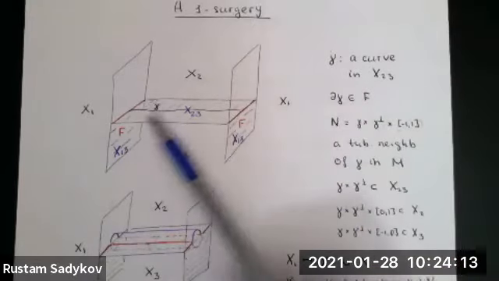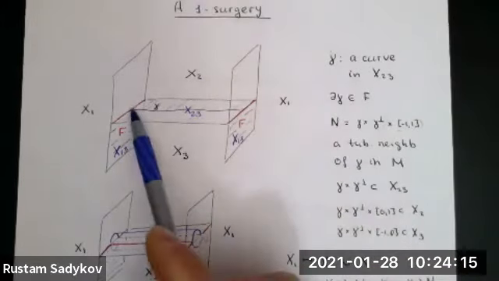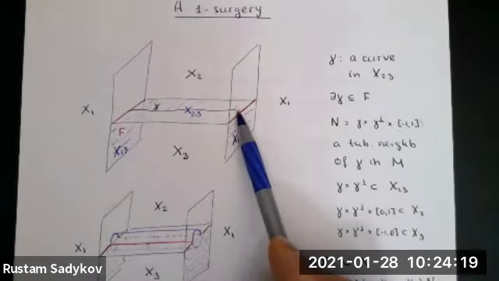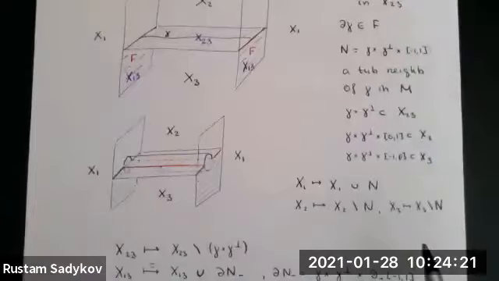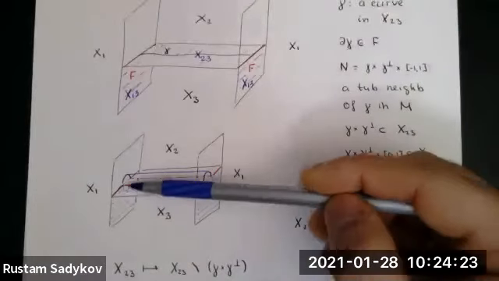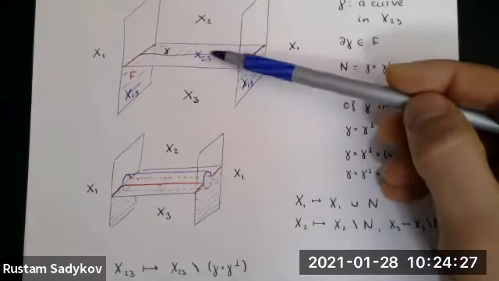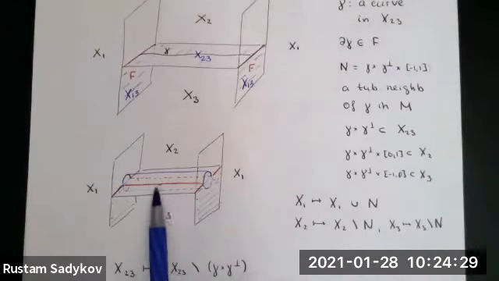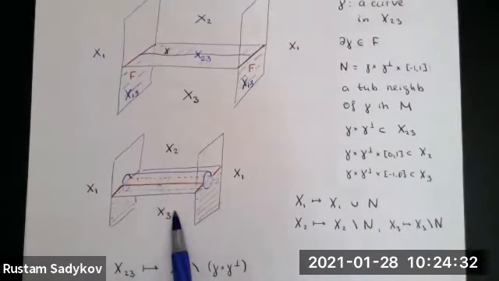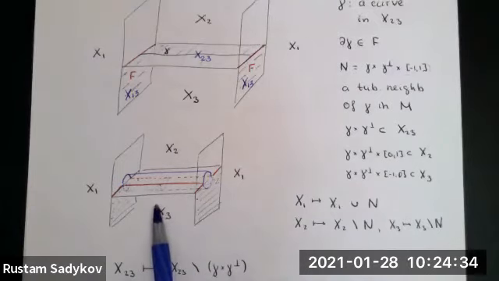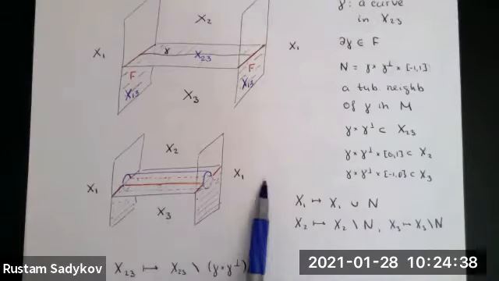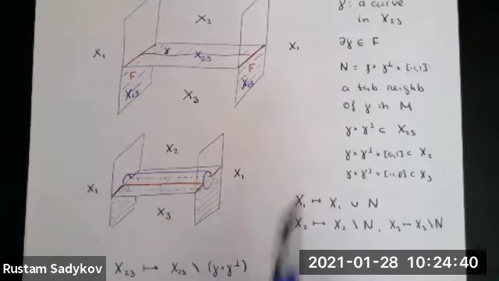We choose a curve over there, which goes from a point in F to a point in F. And now what we do is we take a tube in the neighborhood of gamma. This tube is completely in X2 and X3. We remove this tube from X2 and X3, and we attach this solid tube to X1. So this is one surgery.